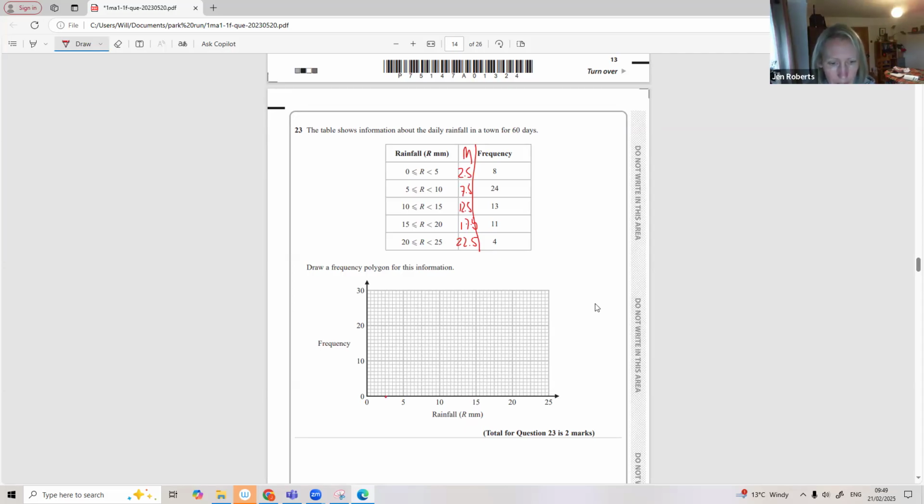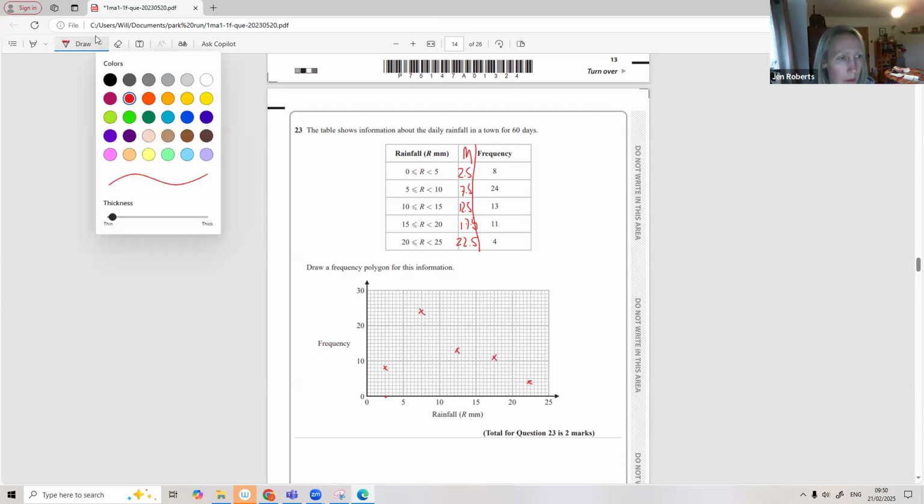2.5 is exactly in the middle of 0 and 5, and we need to go up to 8. If I just see on my y-axis, each little square is 1, so that's quite straightforward. So 5, 6, 7, 8. 7.5 and 24. 12.5 and 13. 17.5 and 11. 22.5 and 4.